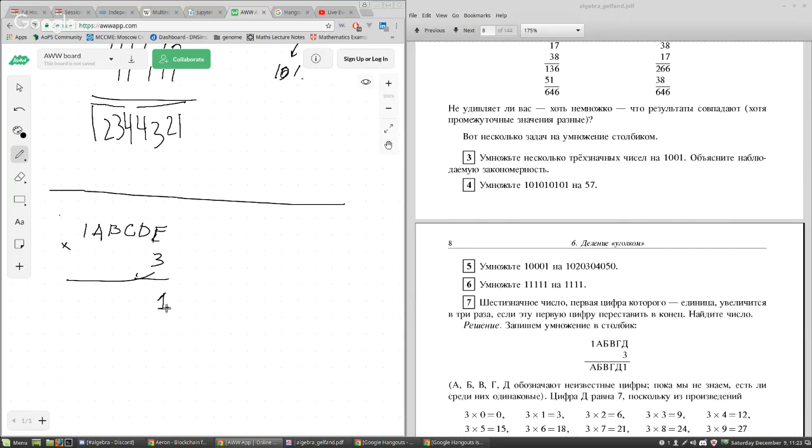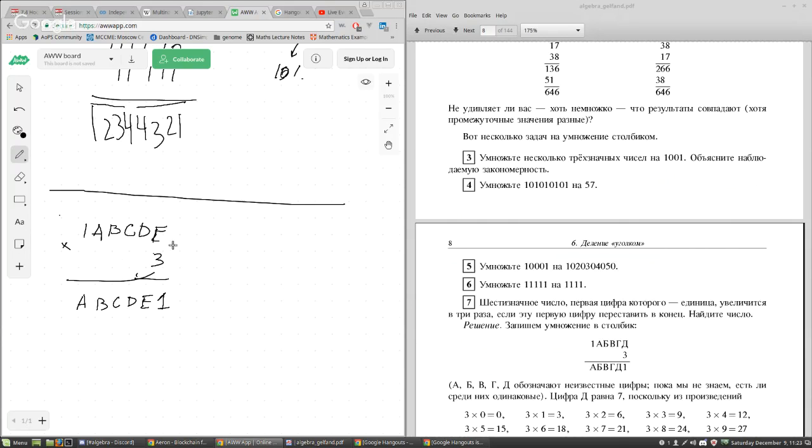So the 1 is now here, and then all the other digits, all these 5 unknown digits, are the same. So this is A, this is B, this is C, this is D, and this is E. So I hope this makes sense.